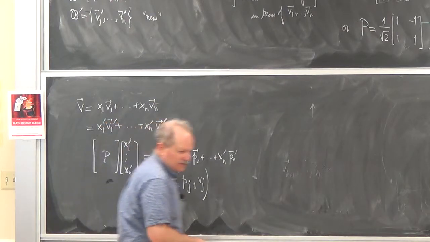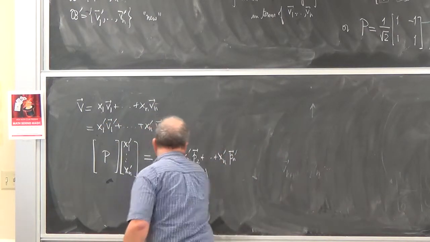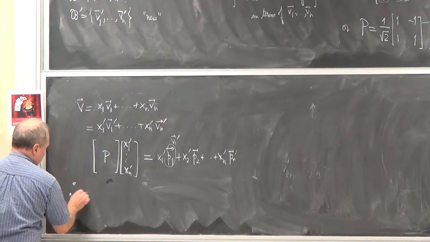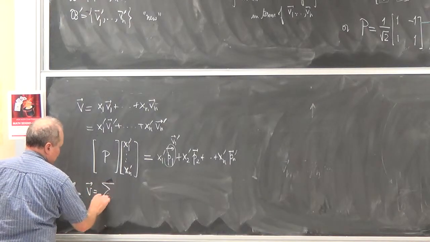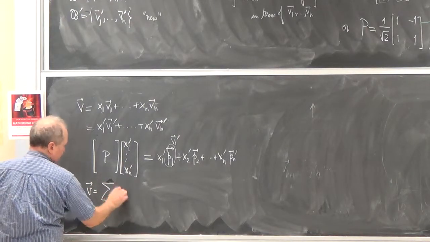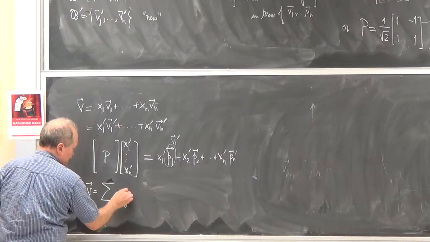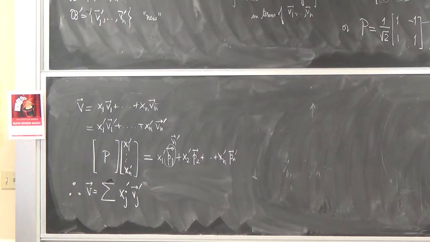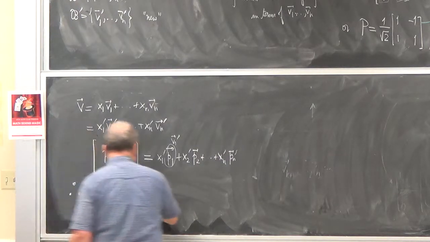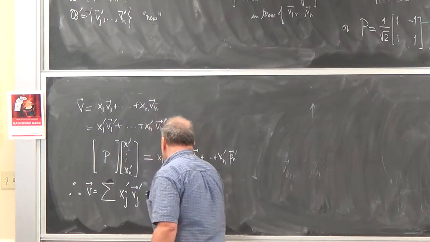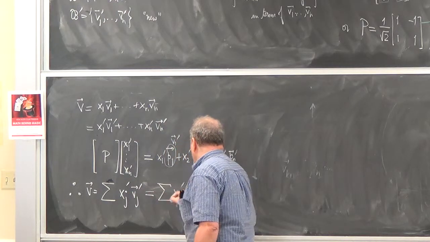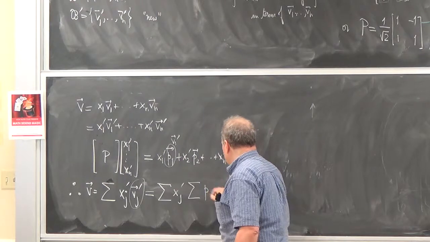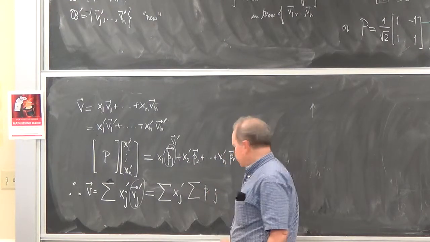So let's write it this way and say it officially. So therefore, V is the sum of the primed guys times the primed vectors. And what we've said here is that Vj prime is given by the jth column of the P matrix.